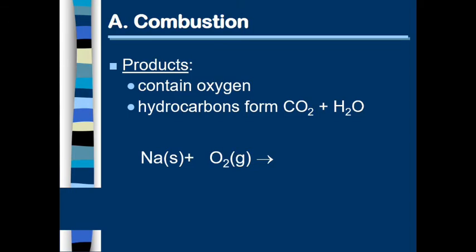So oxygen is a reactant here. And in this case, when you put sodium and oxygen together, you get sodium oxide. And sodium oxide is an ionic compound. We would cross over charges to get the Na2O. And energy or heat would be given off during this reaction.